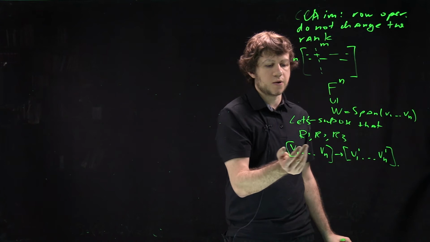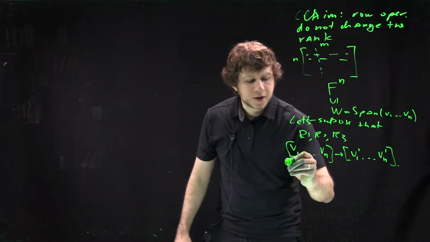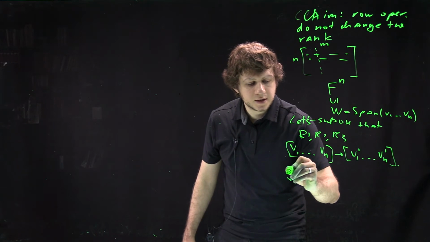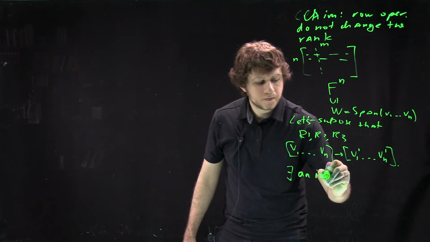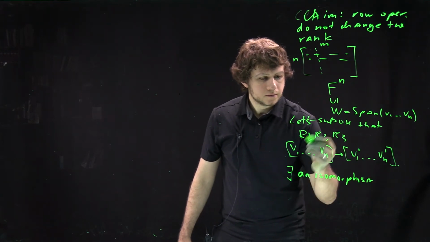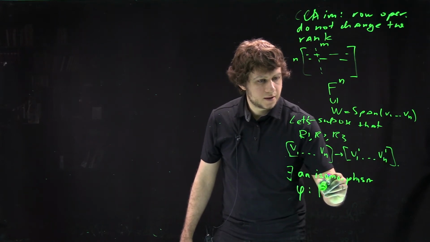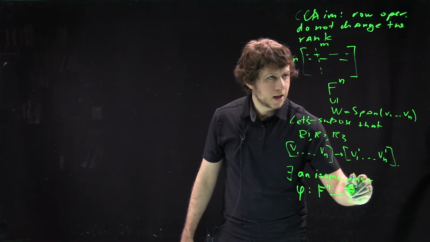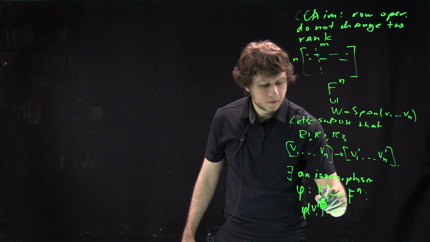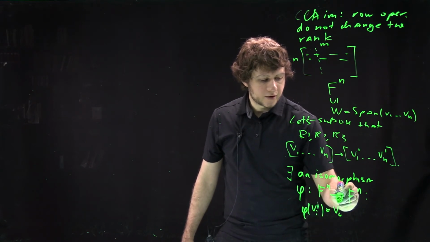What is the separation actually? And the statement is that there exists an isomorphism phi from Fn to Fn such that phi of vi equals vi prime.